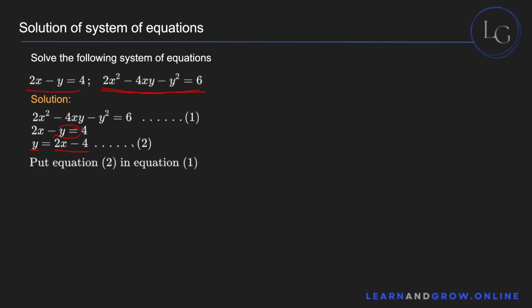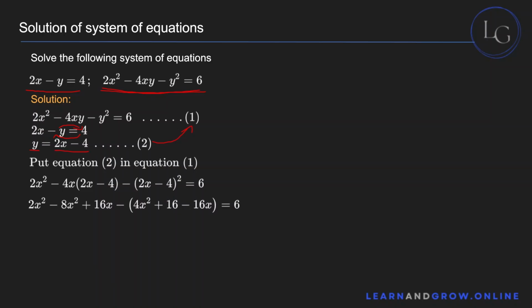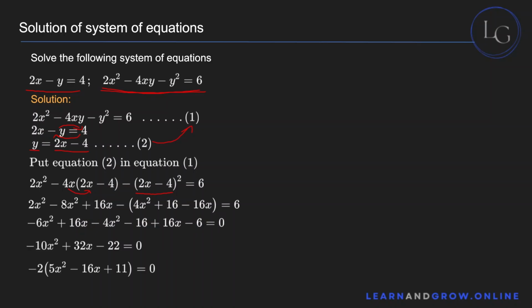Now, put this equation 2 in equation 1, and now replace every y in equation 1 with 2x minus 4. Now, upon solving it, you'll multiply 4x with everything inside this bracket, and then you'll square 2x minus 4 over here. And after performing all these calculations and simplifying, you'll basically get this.